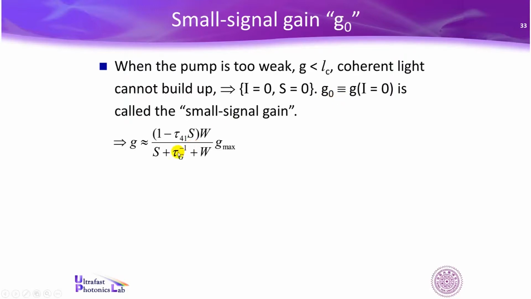And if you borrow the formula in the previous slide, this is the original formula. When S is 0, what happens? You can cancel these two terms, right? Then you got a simplified formula like this: W over tau G inverse plus W times upper bound gain, G max.